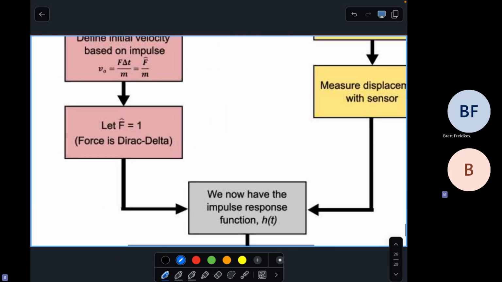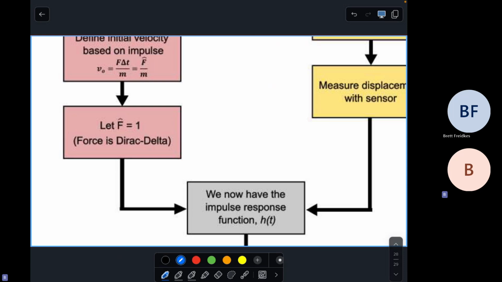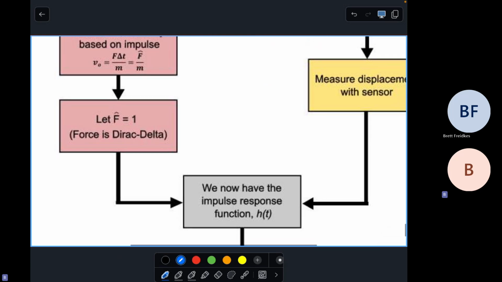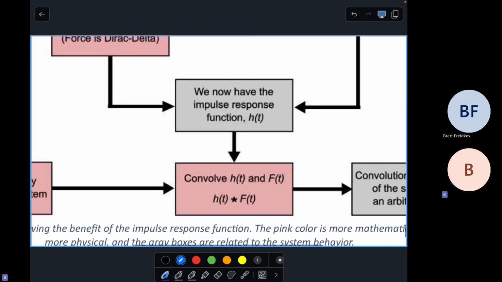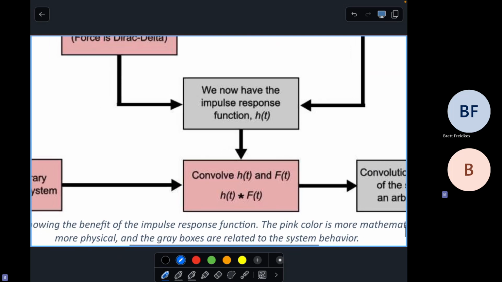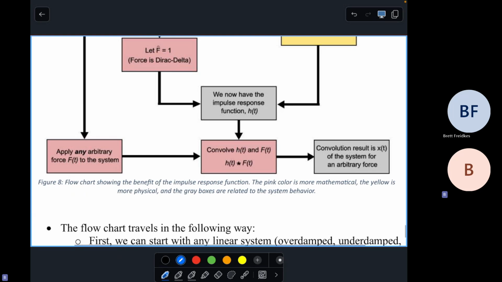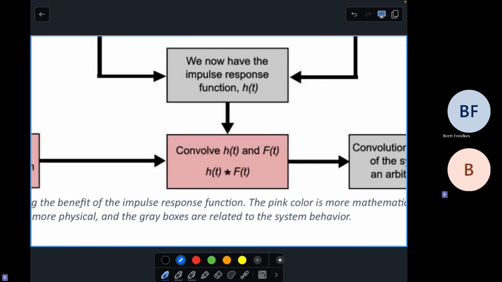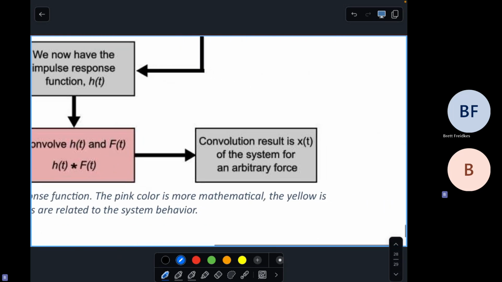Then you have your impulse response function. You solve that x of t with the initial velocity being 1 over m. Once you have that, you can convolve h of t with f of t, whatever the force is, to give you the response of the system. So again, I apply any arbitrary force to the system. I can convolve them. That will give me the x of t for the arbitrary force.